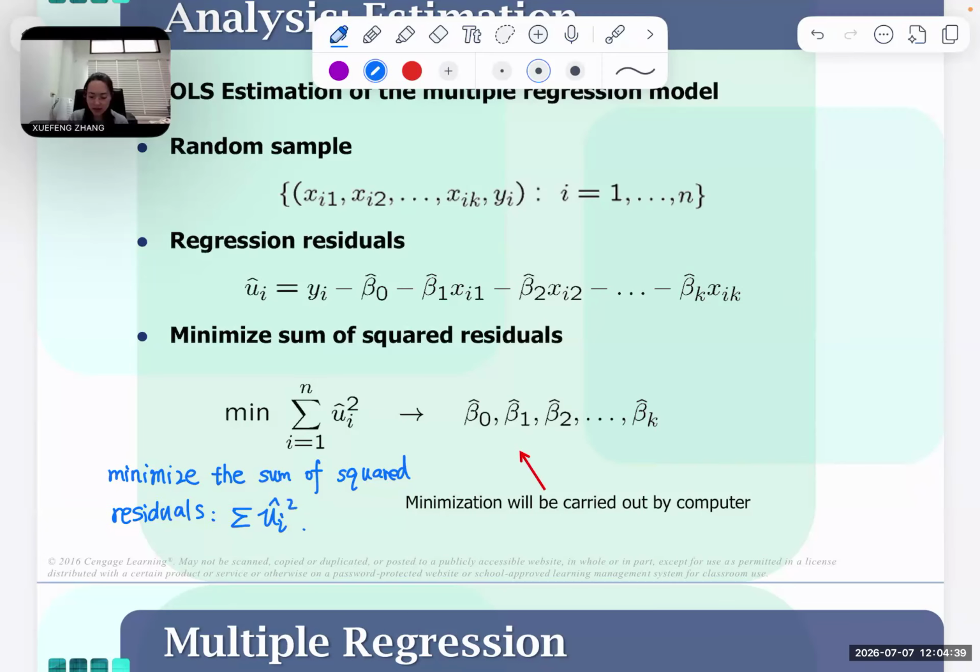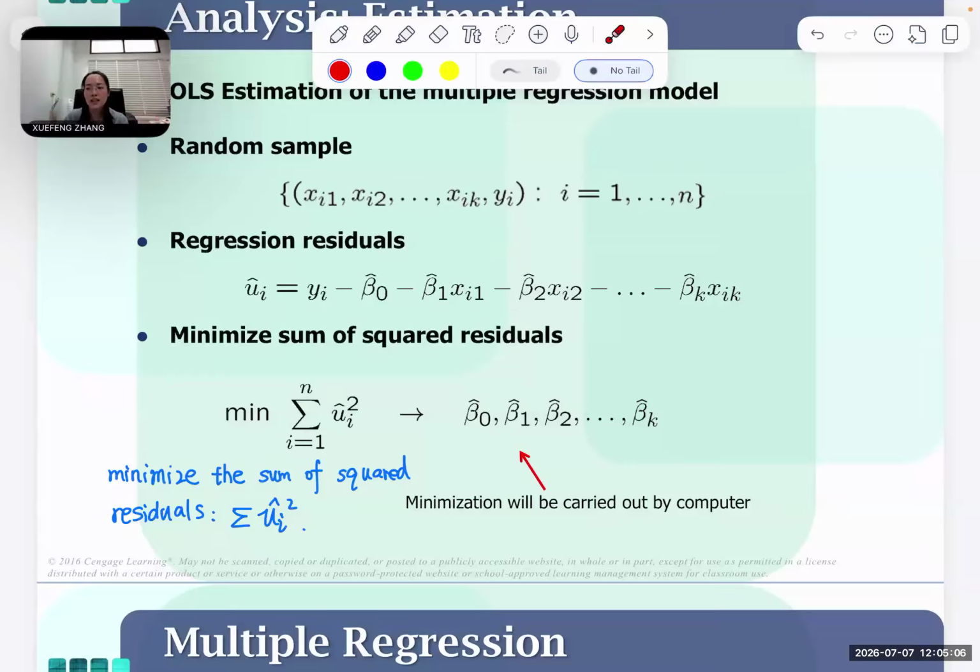This is the idea of OLS. In words, we want to find those coefficients that make our prediction errors, squared and added up, as small as possible. The intuition doesn't change from simple regression at all.